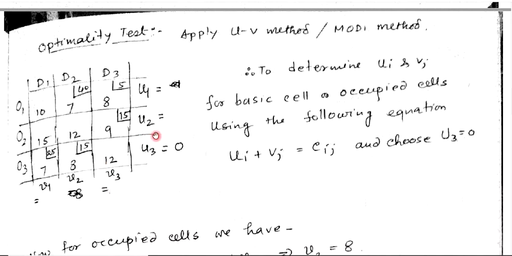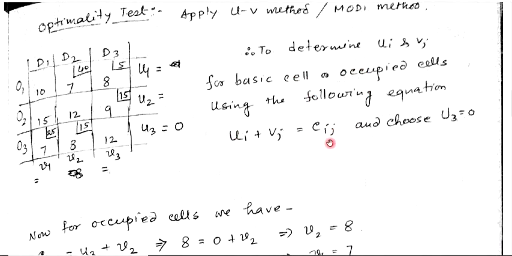If your rows and columns are more than 3 by 3, it will increase as u1, u2, u3, u4, u5 and so on, similarly v1, v2, v3, v4 and so on. To find the values of u's and v's, we use the equation ui plus vj equals cij for the basic cells or occupied cells.